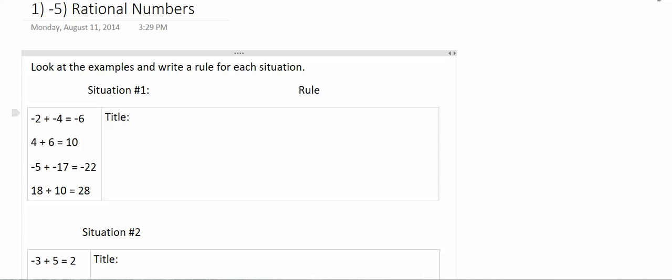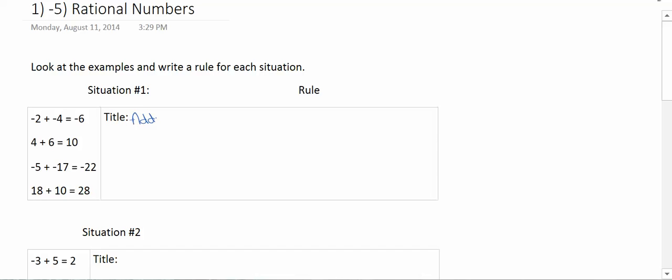This is for Algebra 1 Continued in Unit 1. We're looking at rational numbers, if you need a review for it. When you look at the first situation, you can see here that we are adding like signs.